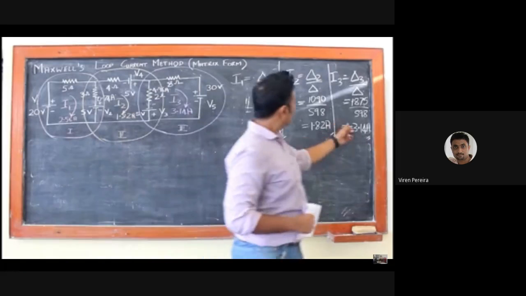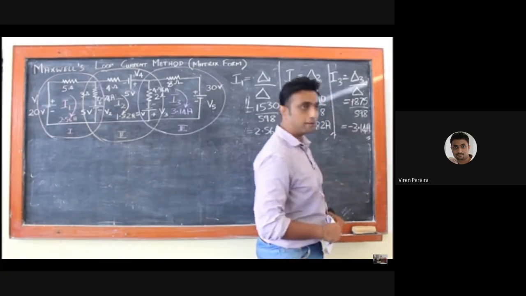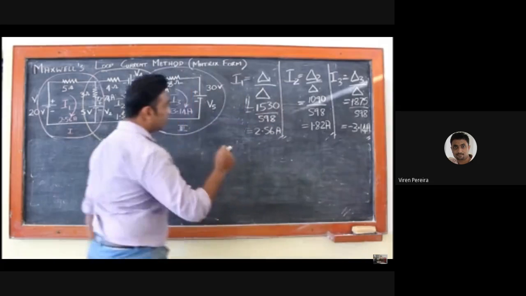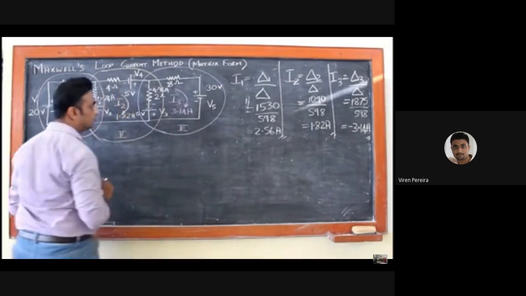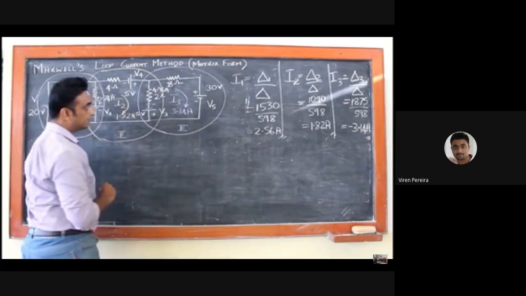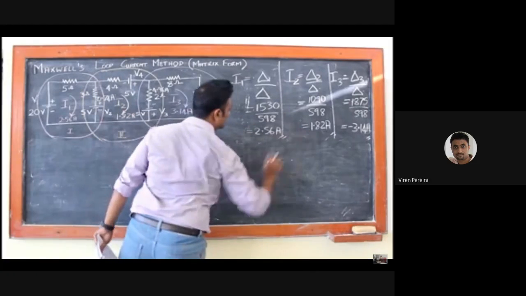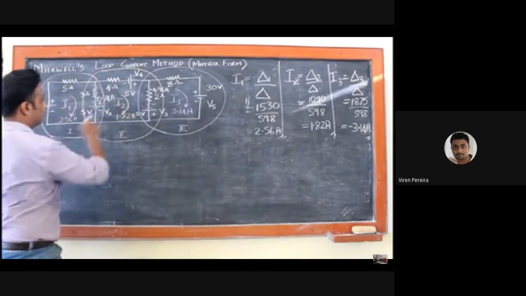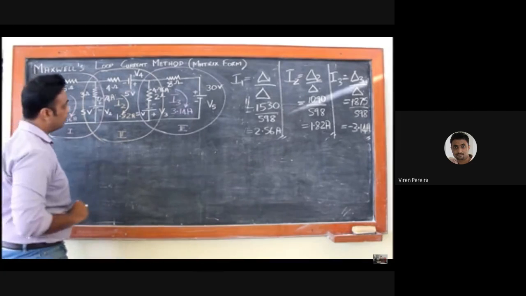However, we have I3 equal to minus 3.14. Now, if you get a minus here, that means whatever direction you have assumed is incorrect and the direction has to be changed. For I1 and I2 it's positive, so whatever direction we have assumed here, which is clockwise in direction, is perfect.